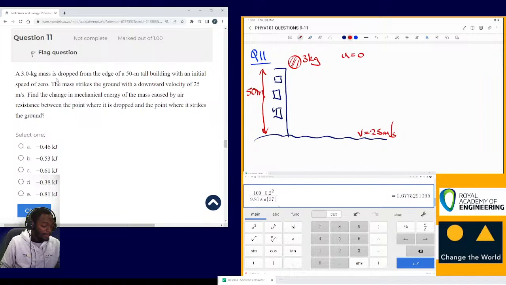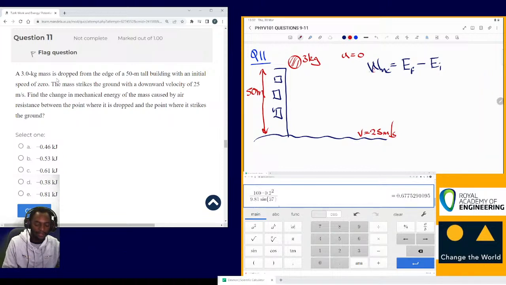We know that the equation for a non-conservative force is the final mechanical energy minus the initial mechanical energy, because we are looking for the energy dissipated as friction.